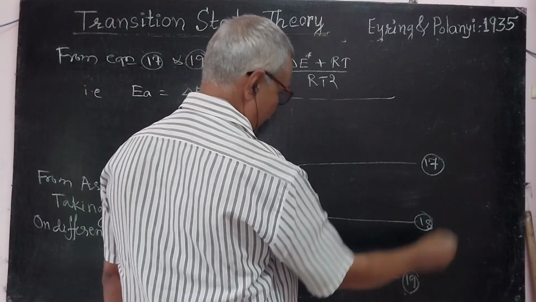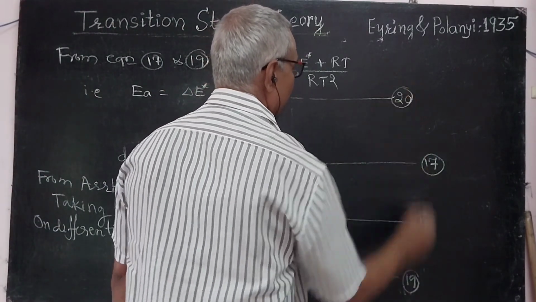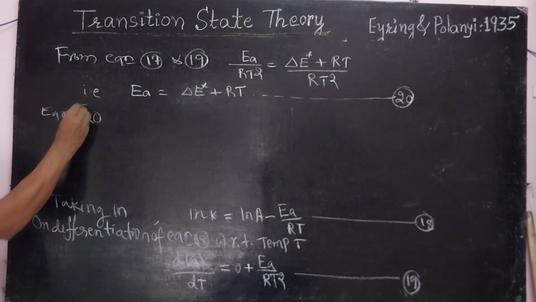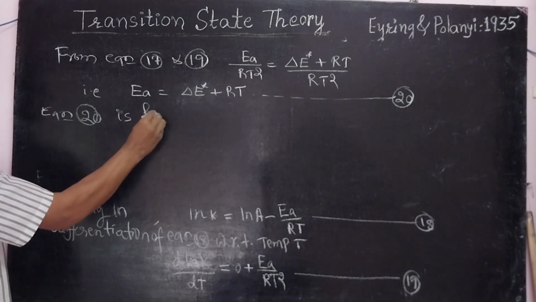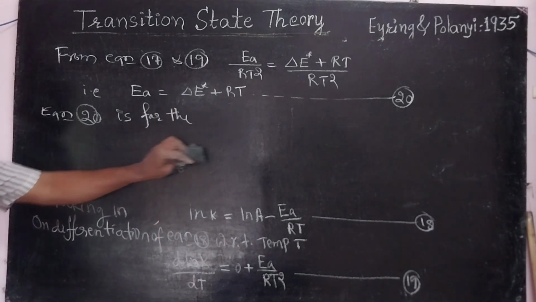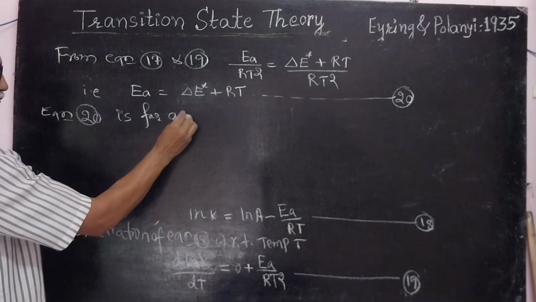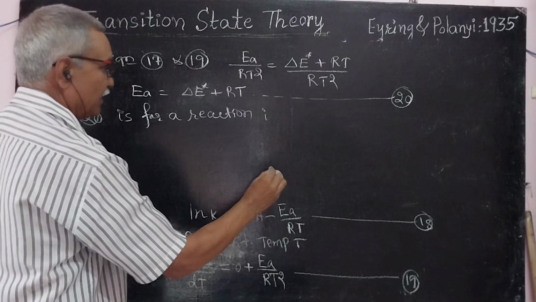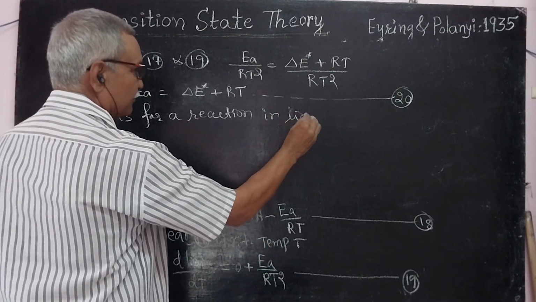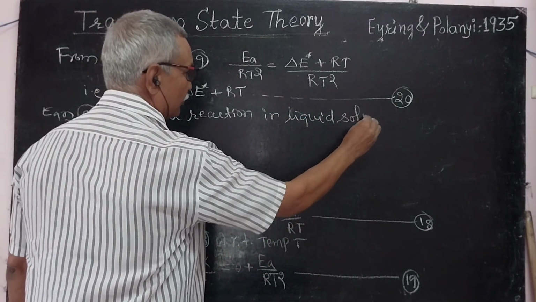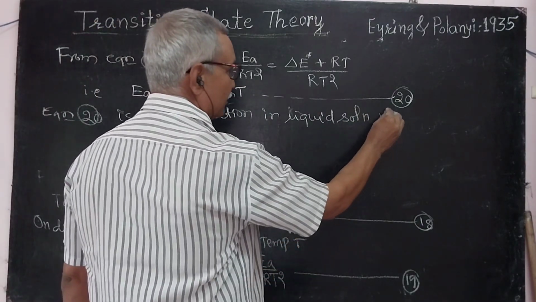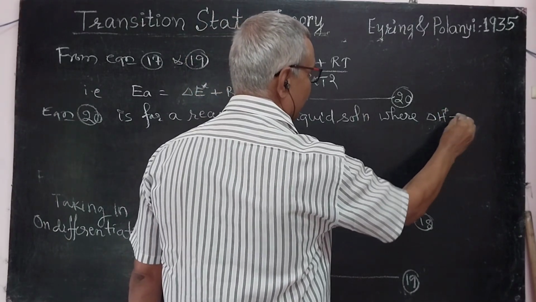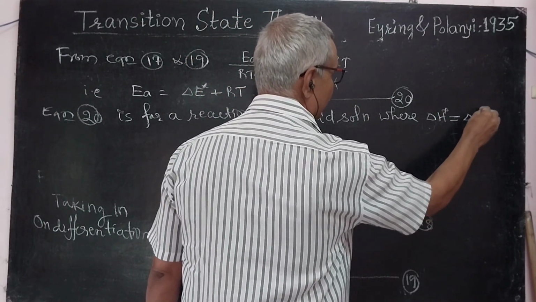Now suppose this is equation 20. Equation 20 is for a reaction in a liquid solution, where delta H star is taken as equal to delta E star.